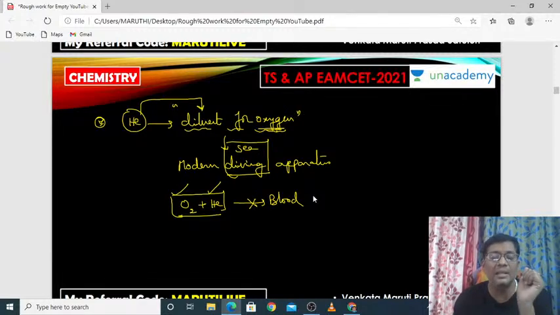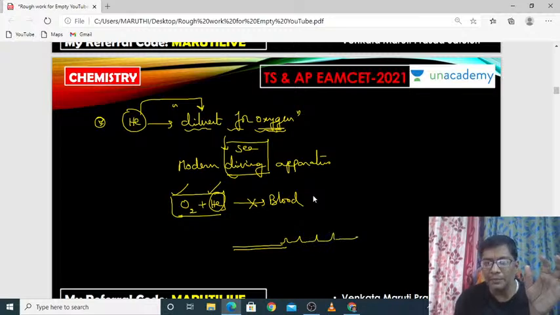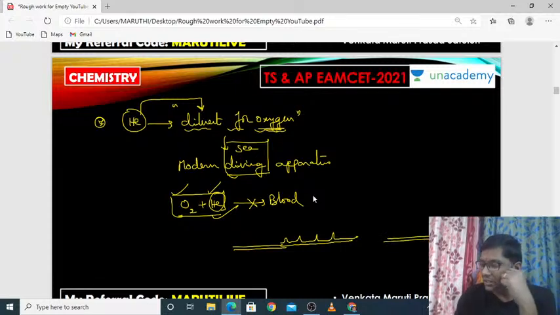But oxygen can easily dissolve into the blood, and helium cannot. So when high pressure is applied, in the absence of helium there may be some swelling, but in the presence of helium there may not be any swelling at all. So that is the advantage of helium.